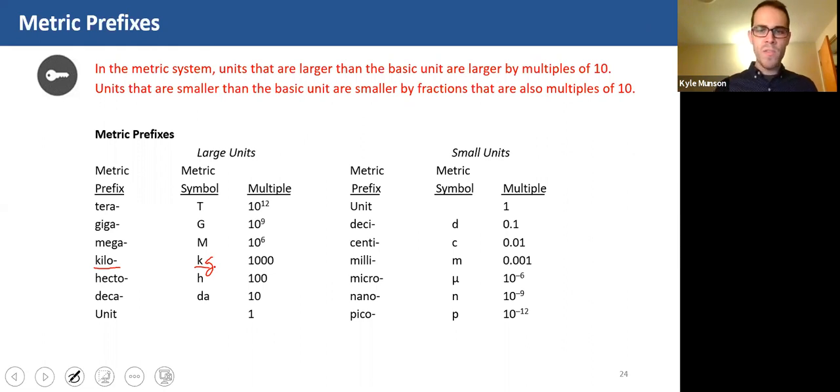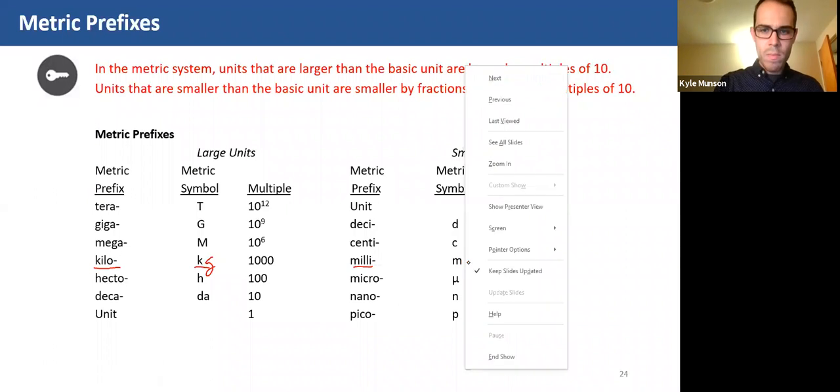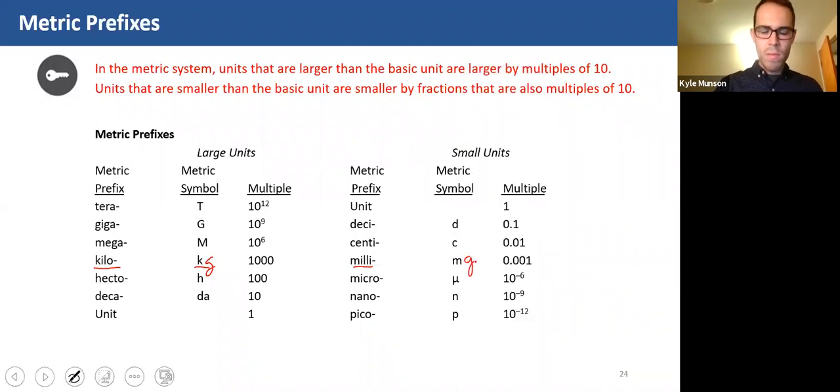There's other examples here like milli, milligram. This one would be that 1,000th of a gram is 1 milligram. So again, it's a multiple of 10. We're going to see some examples of this as we go on. This is just to introduce it to you first.